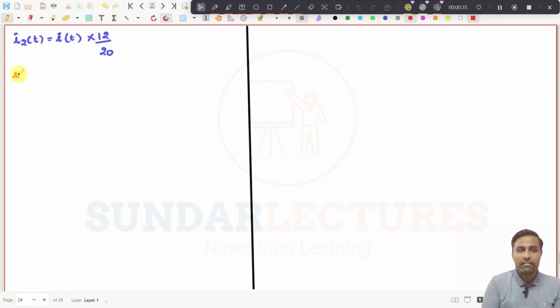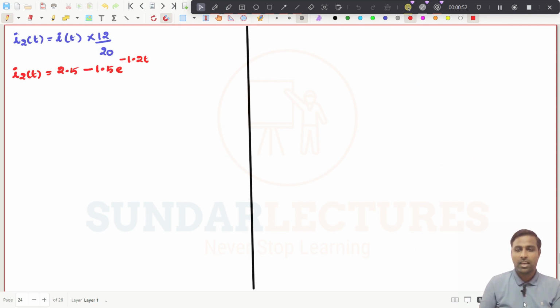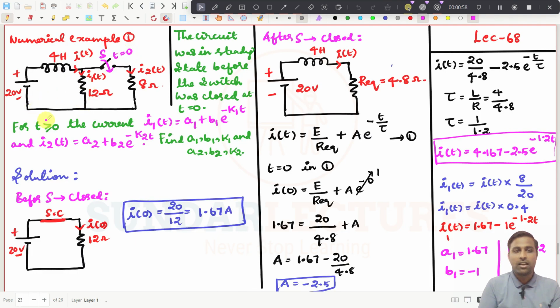So finally I2 of t will be equal to 2.5 minus 1.5 e power minus 1.2 t. You just substitute, it is very simple, right? You just multiply here and you will get the values. Then what are a, b and k? You just compare this expression with a2 plus b2 e power minus k2 t.